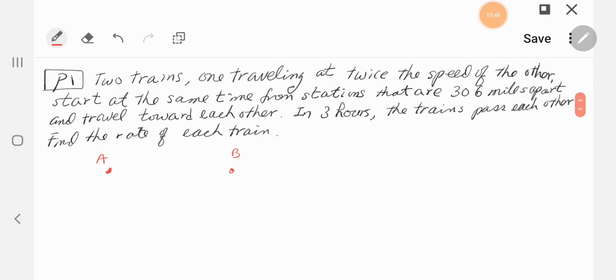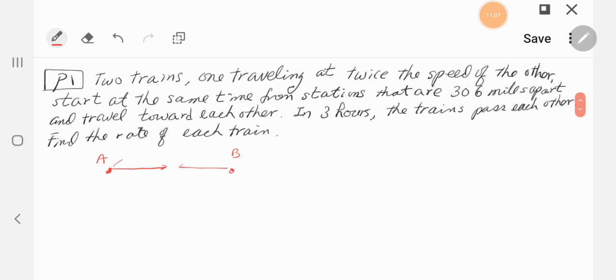So this one is going toward B, and B is going towards A. Right, like this. Towards A, towards B.